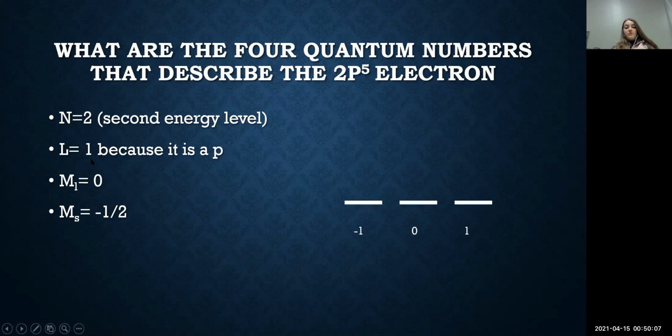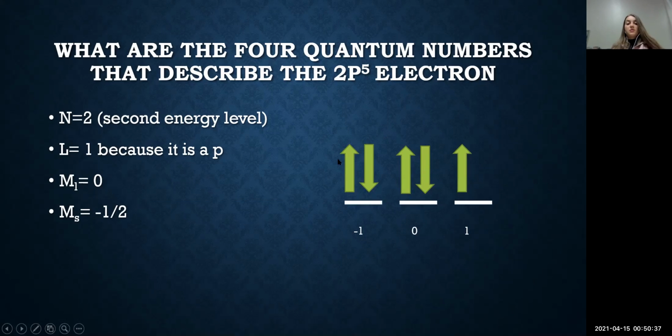So we have L, and L is 1, so we'd have -1, 0, and 1, because we go from a negative L to a positive L, and so that gives us 3 possible orbital orientations here. And then it's going to be a -1/2 because the last full orbital that we have there is a down here.